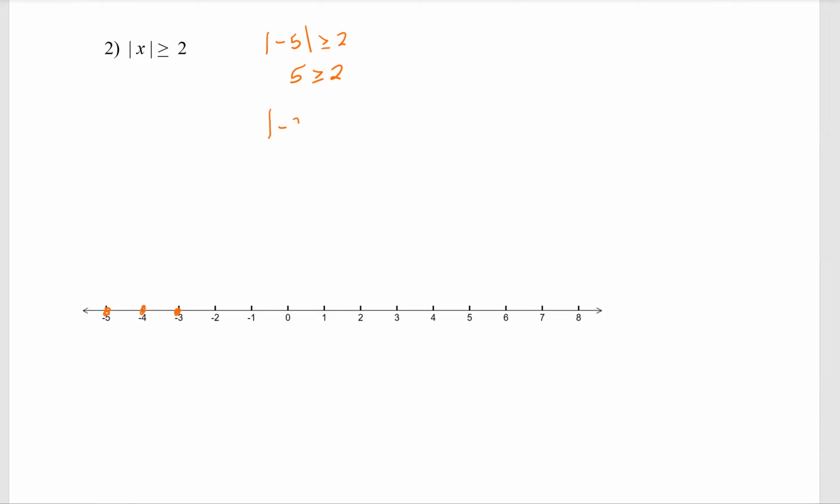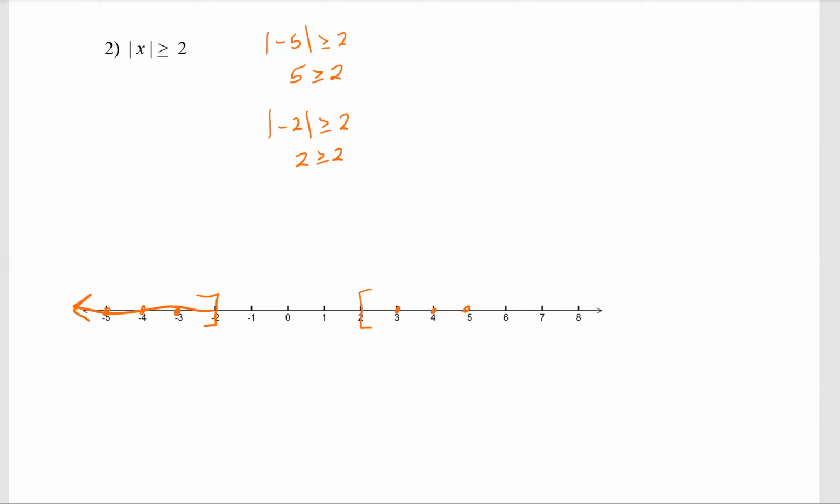What about -2? In this case, 2 is greater than or equal to 2, so we'll put a bracket on it. But -1 would not work. 0 wouldn't work, 1 wouldn't work, but again, we would pick up at 2, 3, 4, 5, and so on.